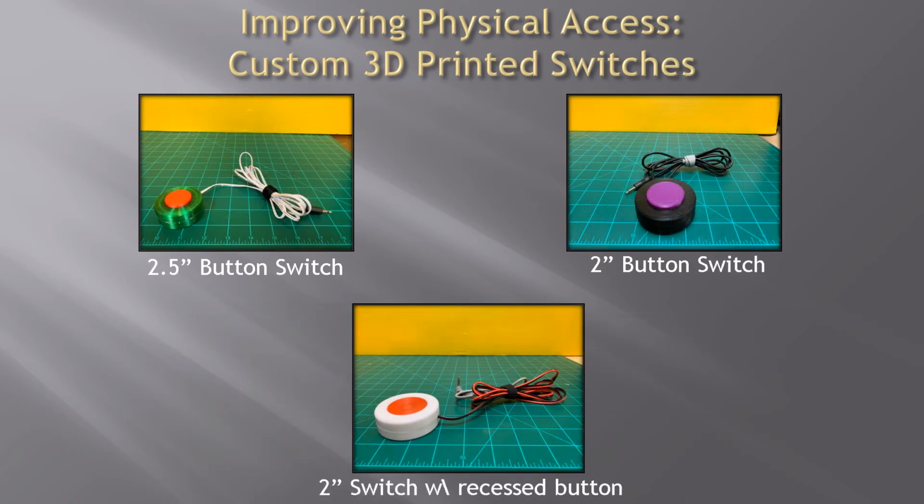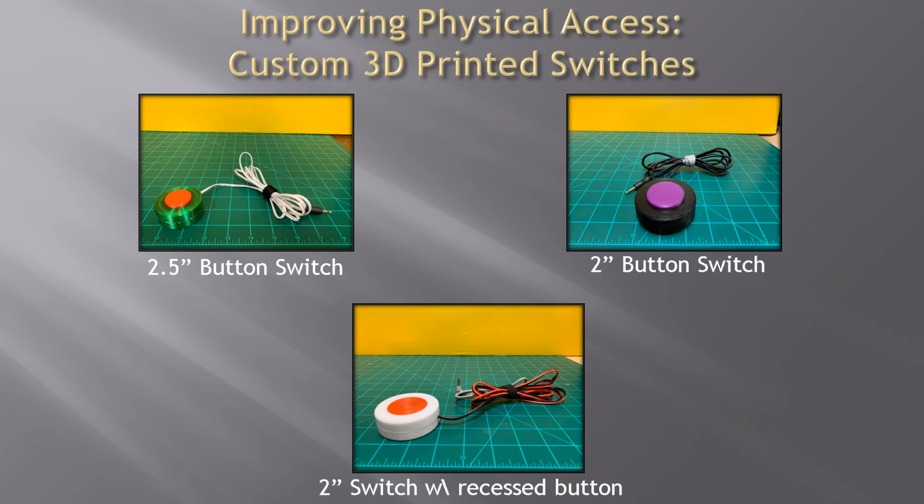Here are a few more custom 3D printed switches. These are a different model with a more consistent and springier feel to the button action, though they are taller than the previous models seen on the last slide. The two on the top have the activation surface, seen in red and purple, raised up above the base by about a 1/4 inch.